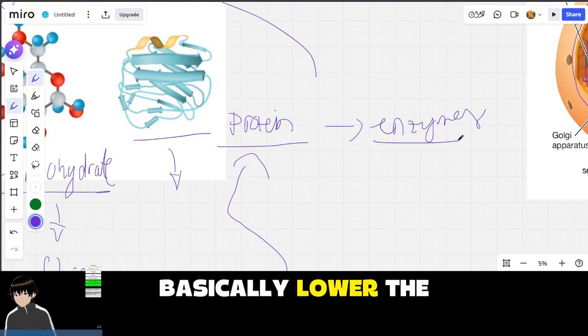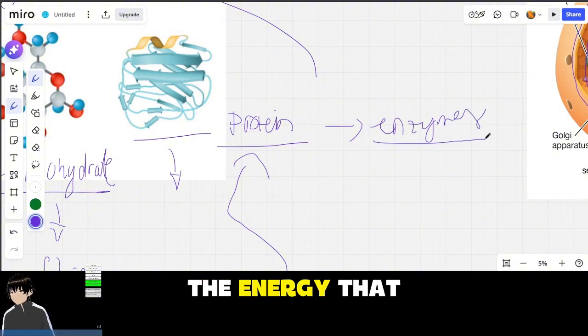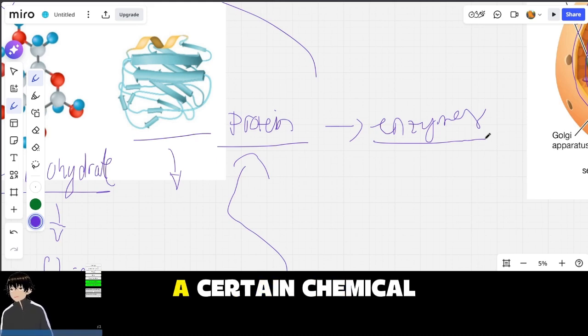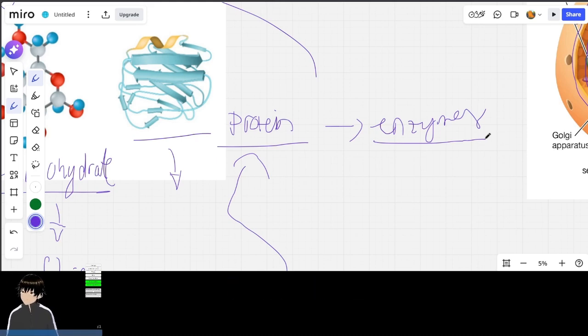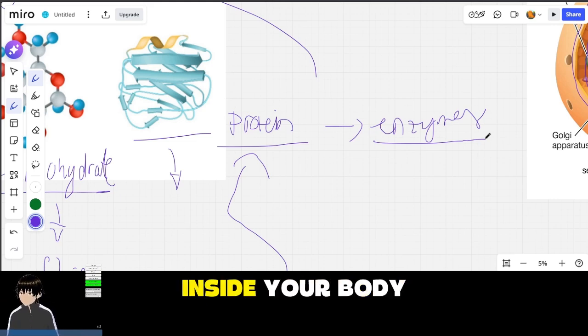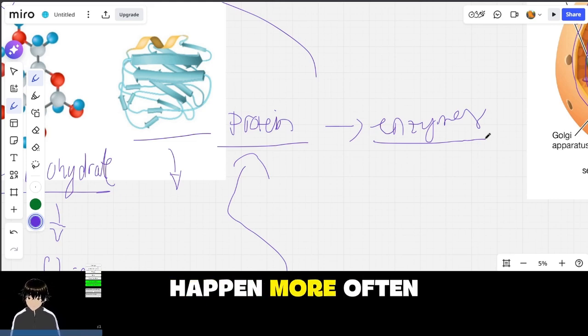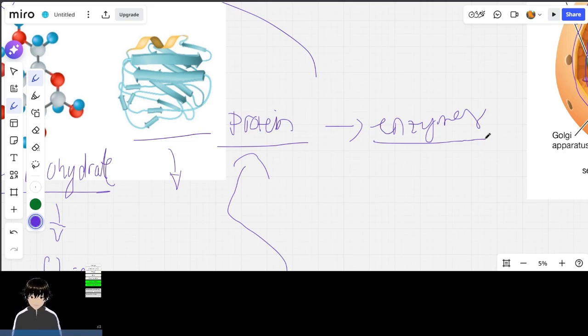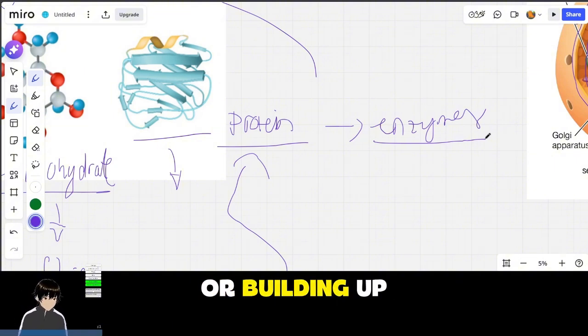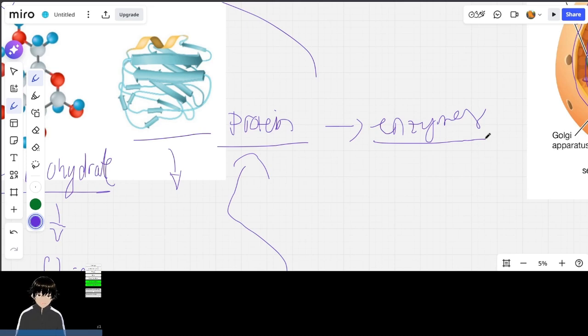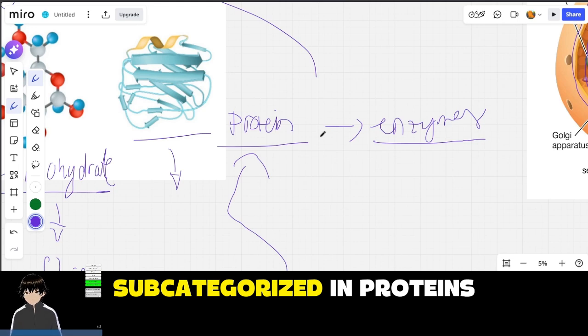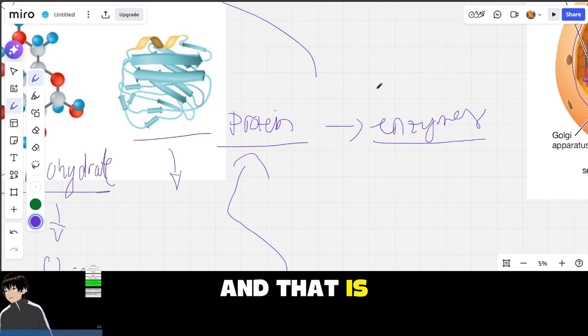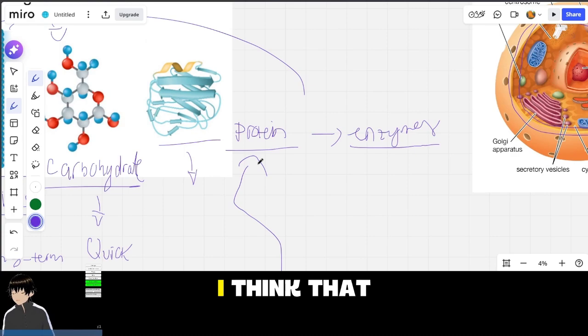They lower the energy it takes for certain chemical reactions that happen inside your body, so that they happen more often, and they help speed up the process of breaking down or building up certain molecules in your body. They're subcategorized in proteins, and I think that is beautiful.